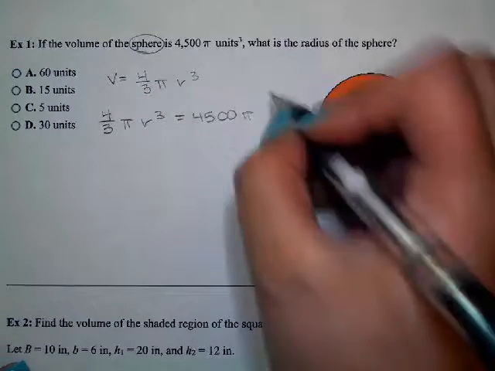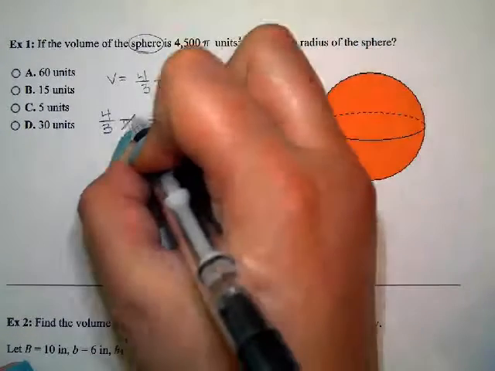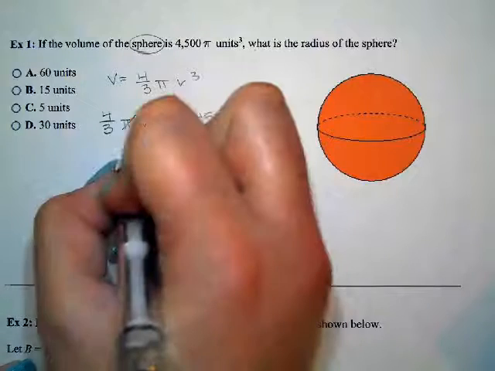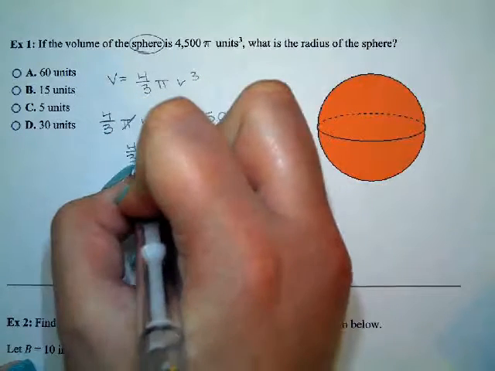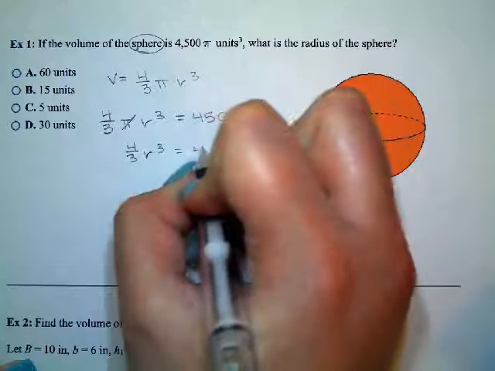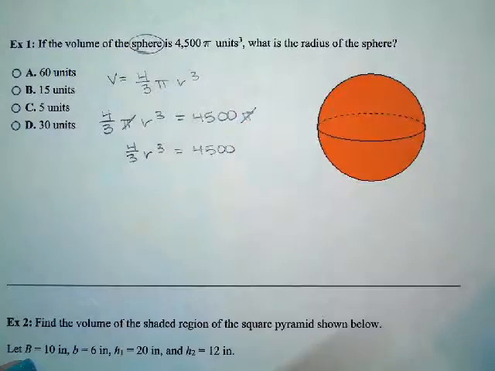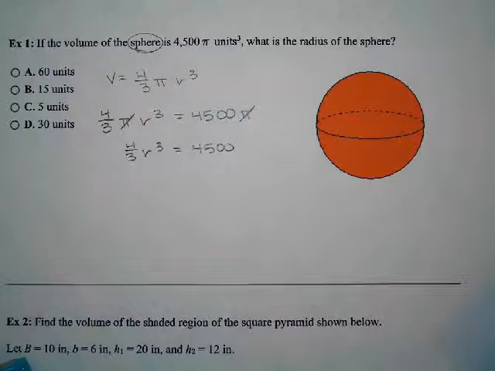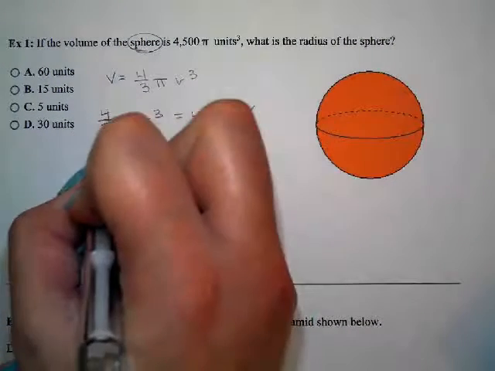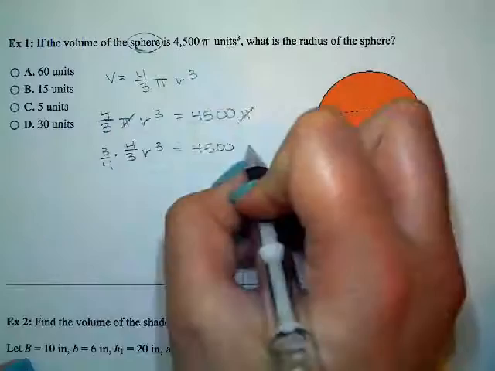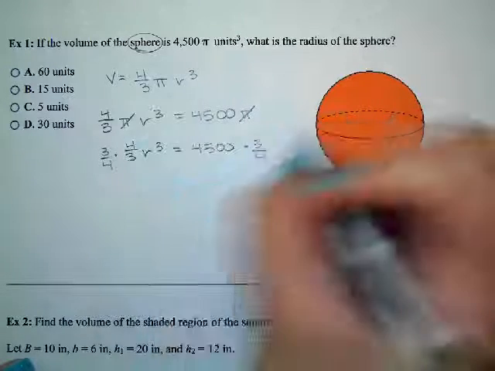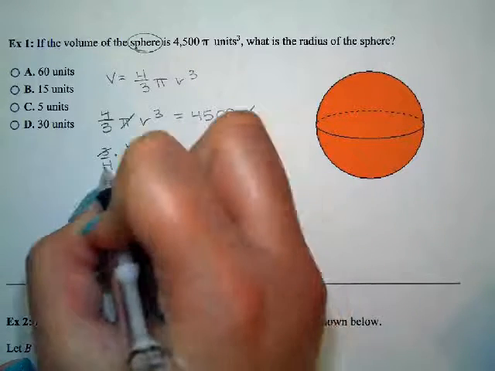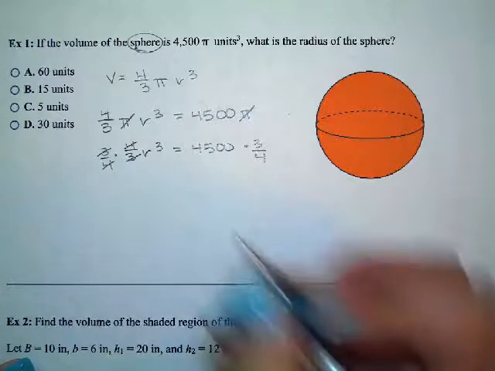So what I usually do to clean it up first is just get rid of the pi's on each side. Those will cancel out. So 4/3 r cubed equals 4,500. Now you can divide by 4/3, but I prefer to just multiply by 3/4. So the 3's cancel, the 4's cancel.